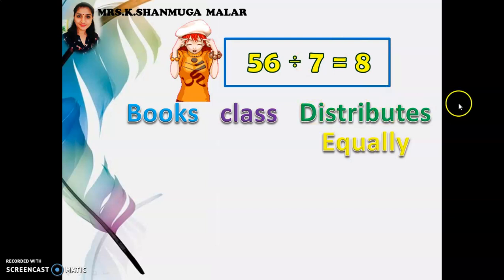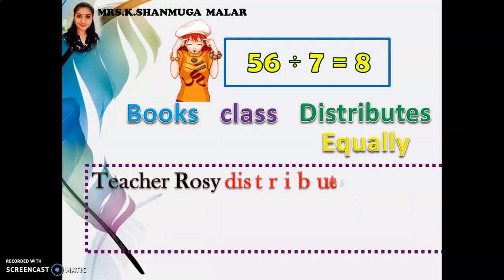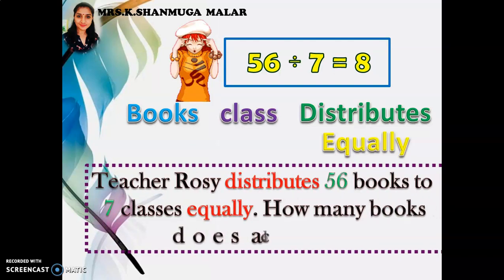This distributes and equally is the keywords for the problem solving of division questions. You can use one or two keywords for the problem solving question. So here is the story.